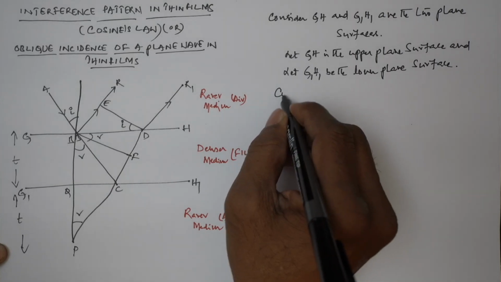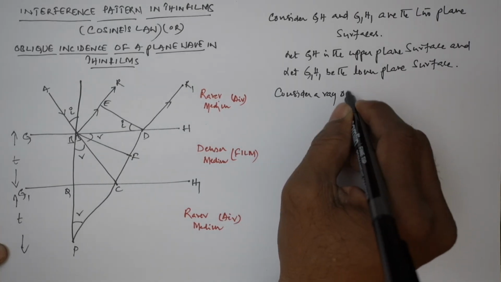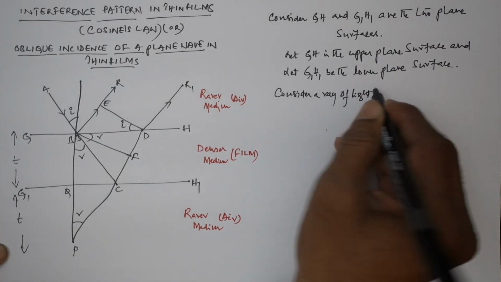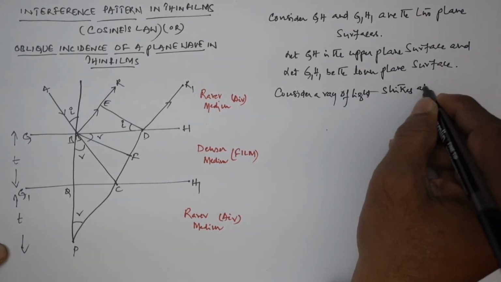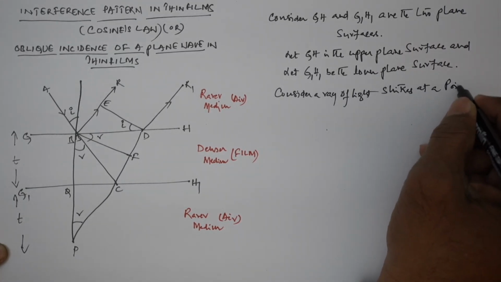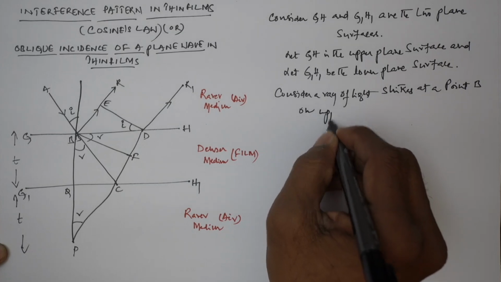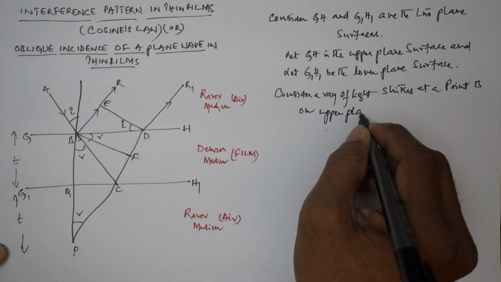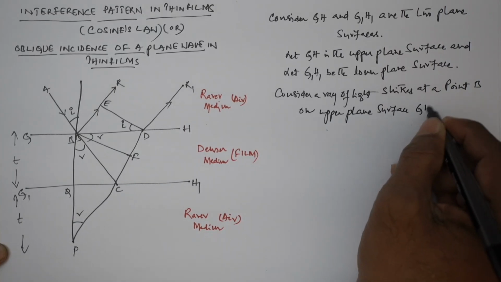Consider a ray of light AB strikes at a point B on upper plane surface GH. What happens?